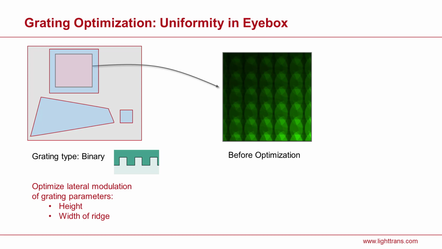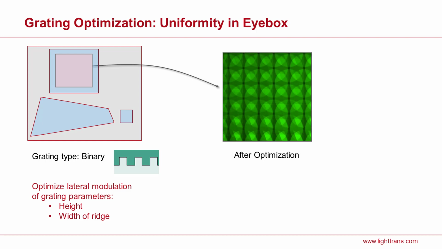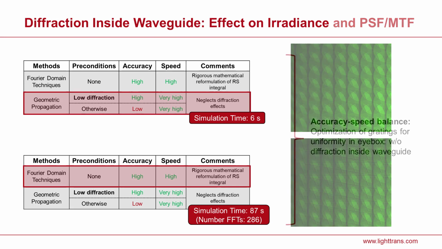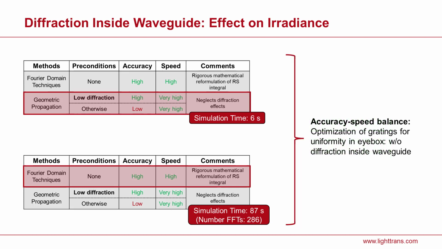It is more than enough to consider the grating response for the central region of each beam. The inclusion of diffraction is then, in this case, unnecessary for this particular process of optimizing grating parameters for uniformity in the eye box.